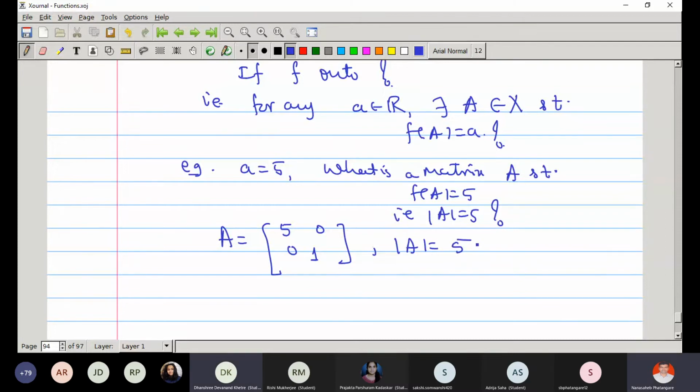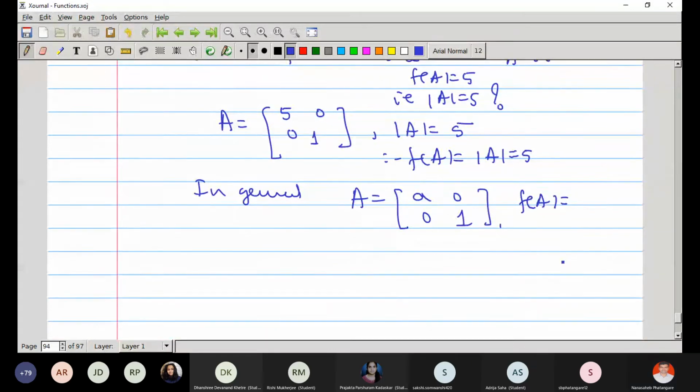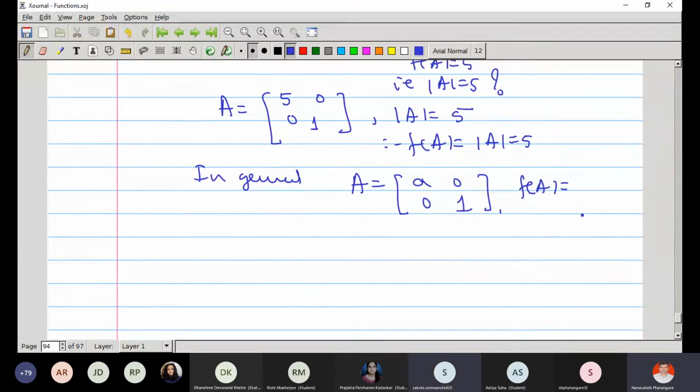So we can actually produce the matrix. In general, if I take A equal to a, 0, 0, 1, then what is f of A? a. Is it possible for every real number?